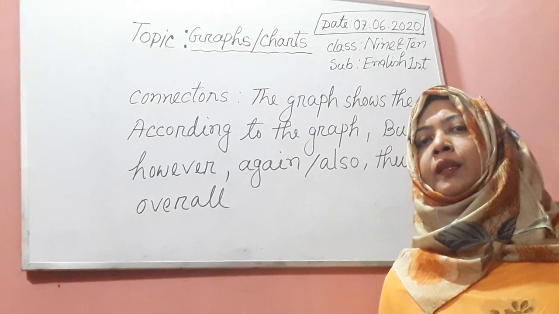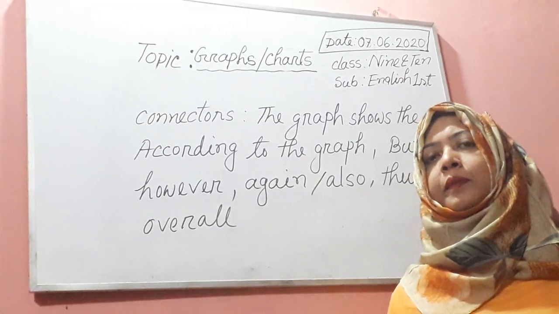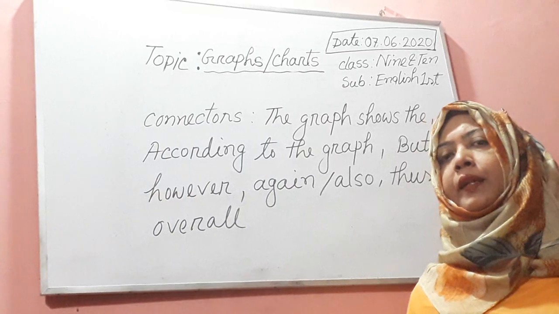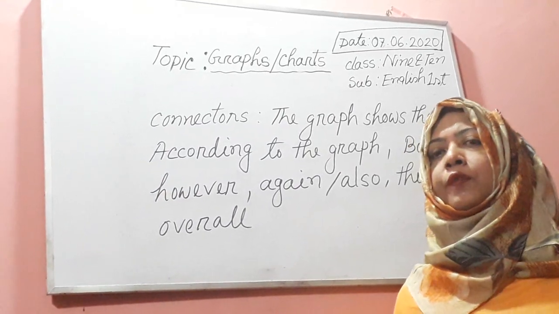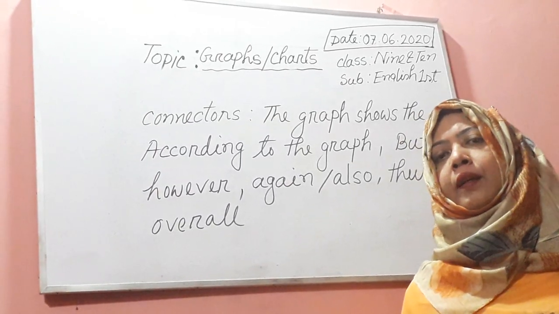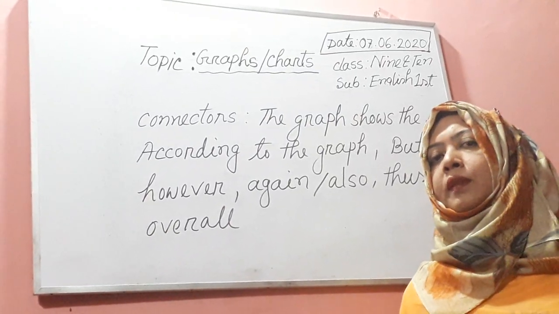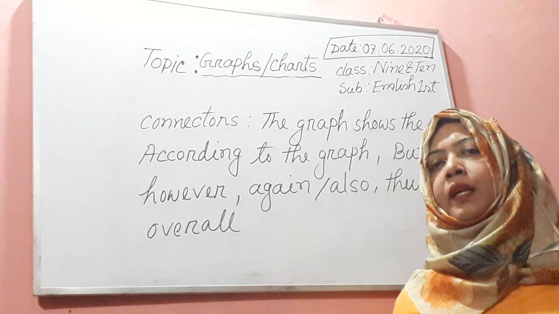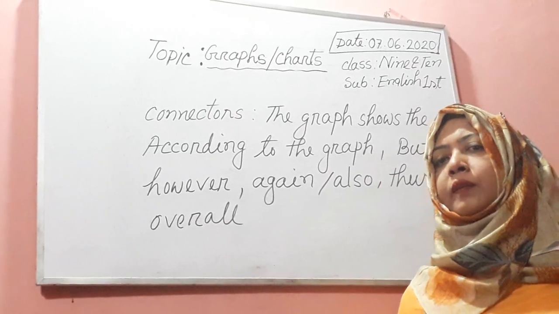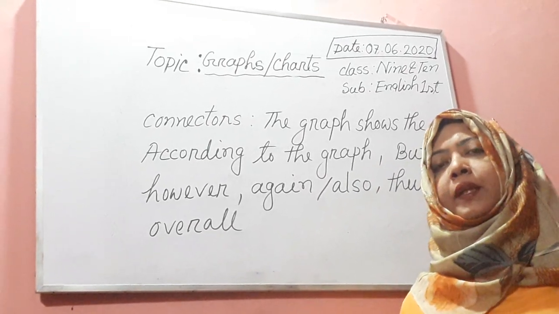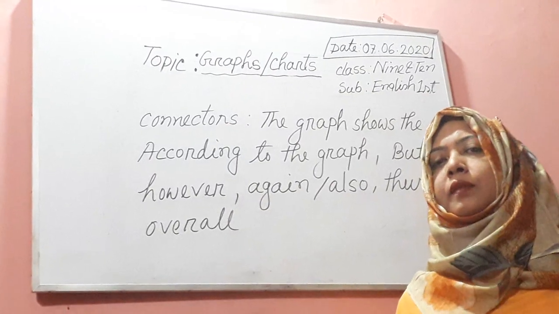Finally, when you start writing a graph, you will have to keep in mind that you will have to focus on the main themes of the graph. Then you will have to write down the basic ideas of the graph that you have gathered from the graph.